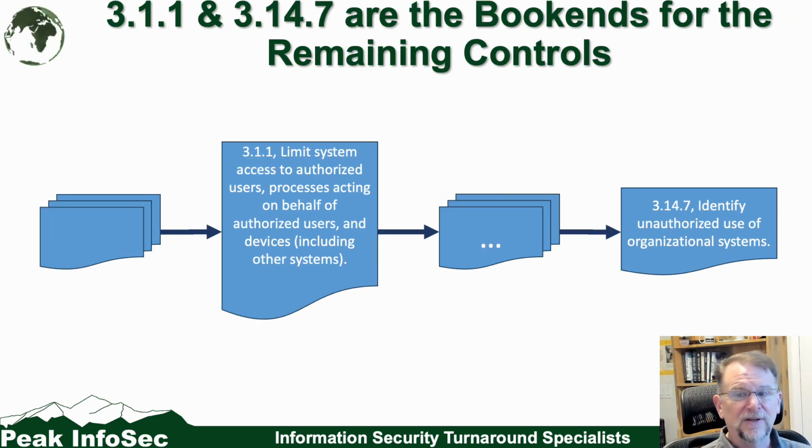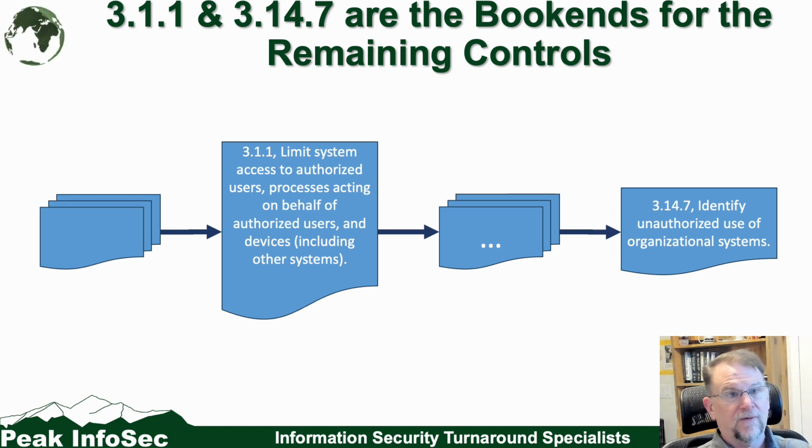Now, interestingly, when we talk about 311, aside from the very front, everything else in the middle are bookends to 314.7. Because everything else is fundamentally about detecting and stopping unauthorized use of organization systems.